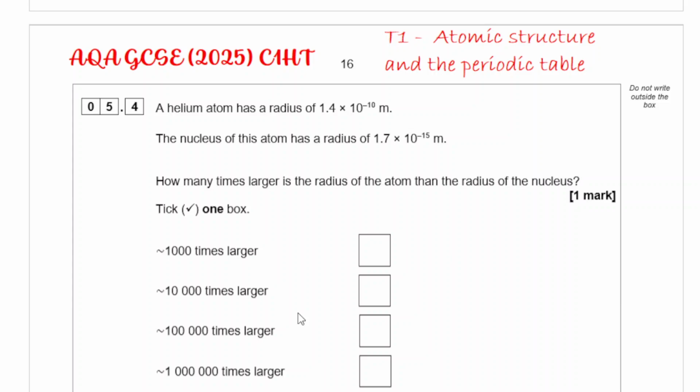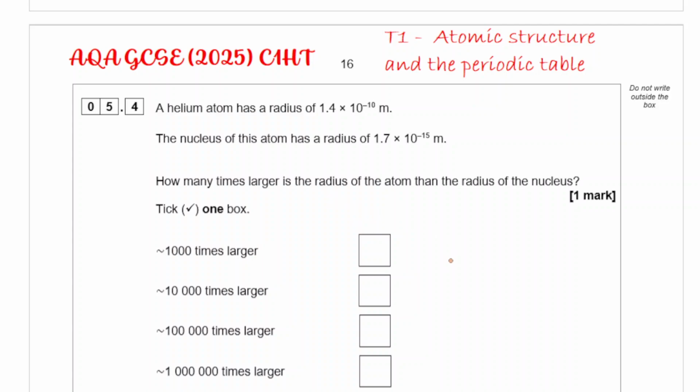A helium atom has a radius of 1.4 times 10 to the power minus 10 meters. The nucleus of the atom has a radius of 1.7 times 10 to the power minus 15 meters. How many times larger is the radius of the atom than the radius of the nucleus?